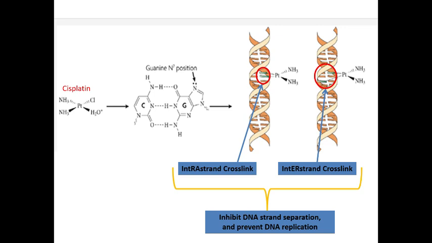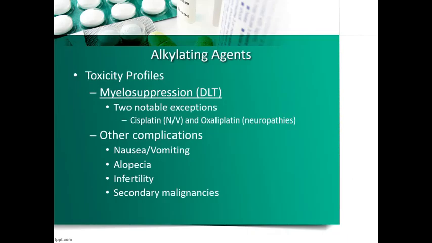So here's an example of cisplatin, which is just a small molecule binding to either the same strand of DNA or separate strands of DNA. So we have intrastrand or interstrand cross-linking, and that inhibits DNA synthesis. Okay. So the primary toxicity we see is myelosuppression, with 2 notable exceptions.